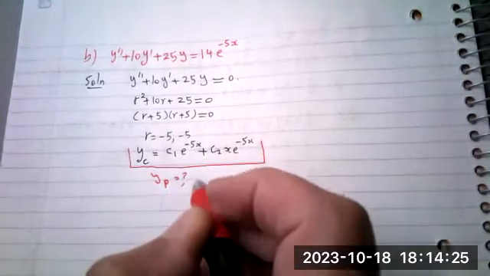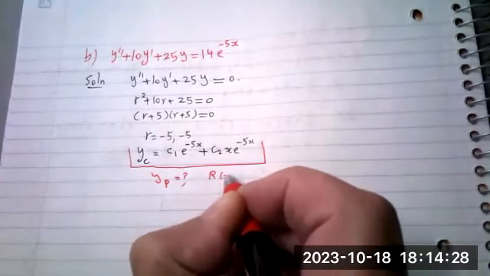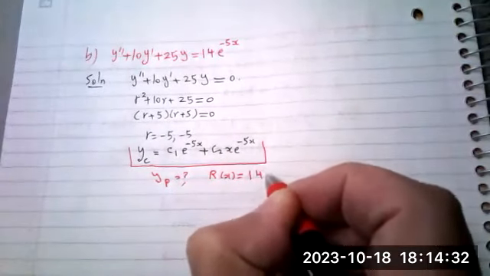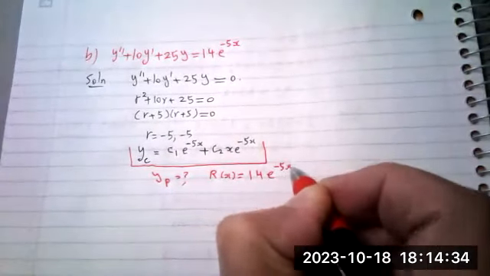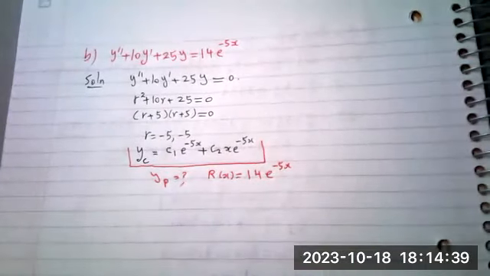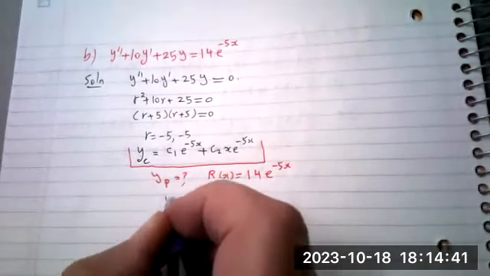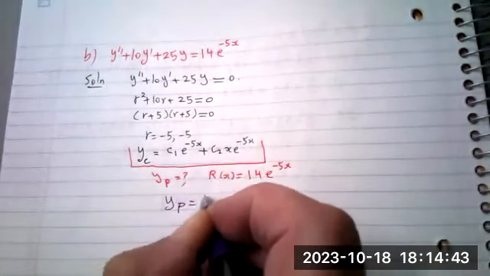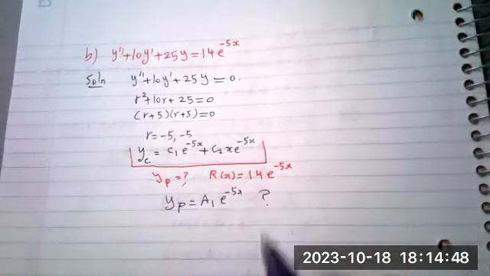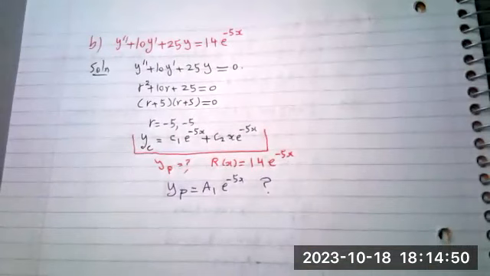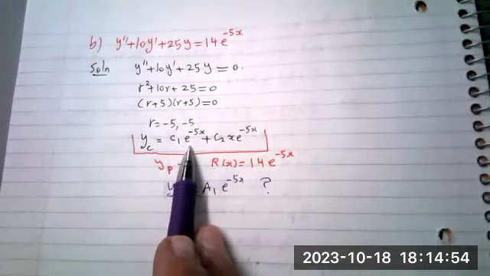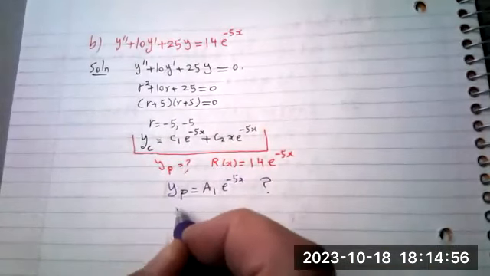So you look at r of x. What is r of x? r of x is 14 e to the negative 5x. So 14 is a number. So your yp would be a constant, like a1 e to the negative 5x. So you check to see if it is all right. But as you can see, e to the negative 5x and e to the negative 5x are here. So it's not going to be a good one.